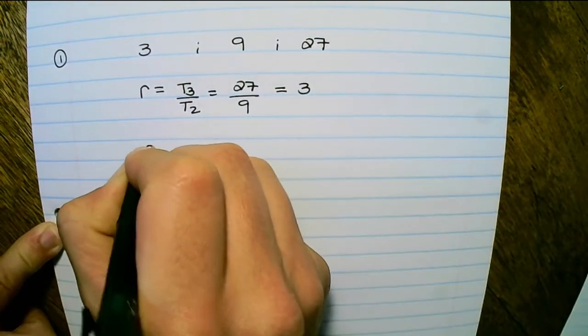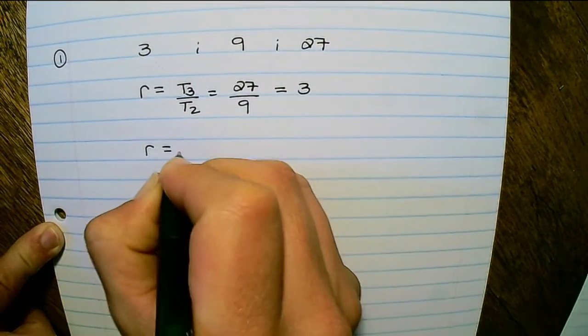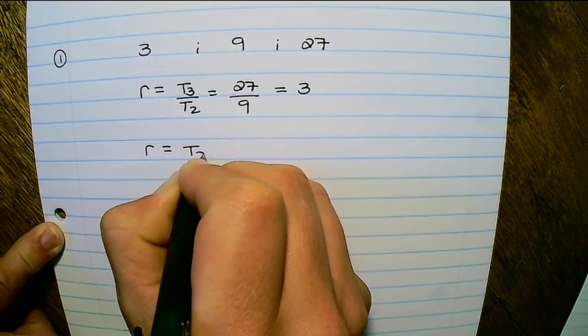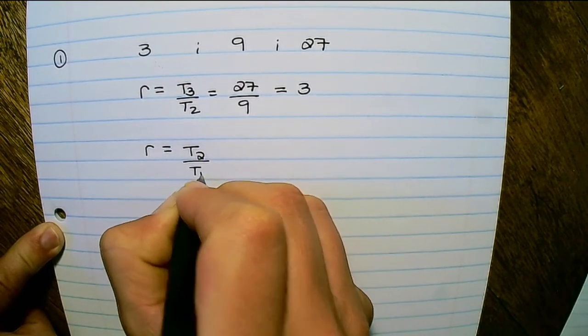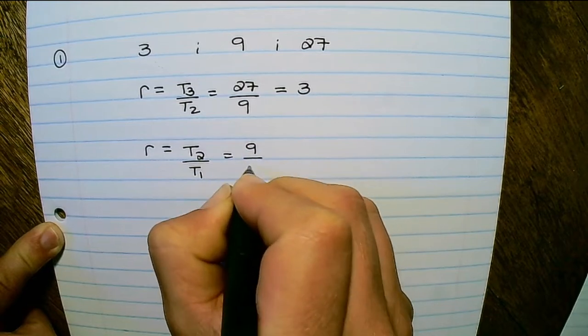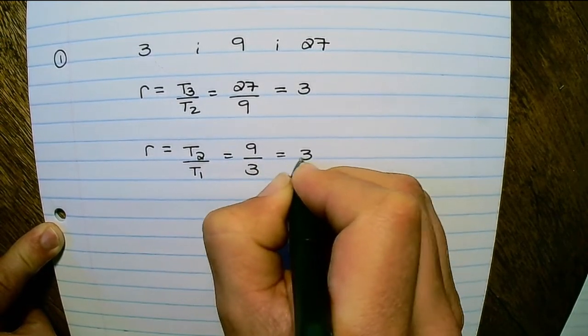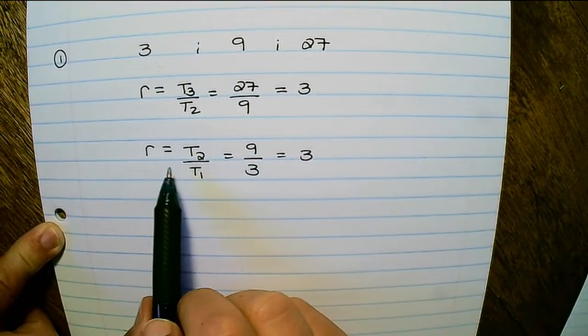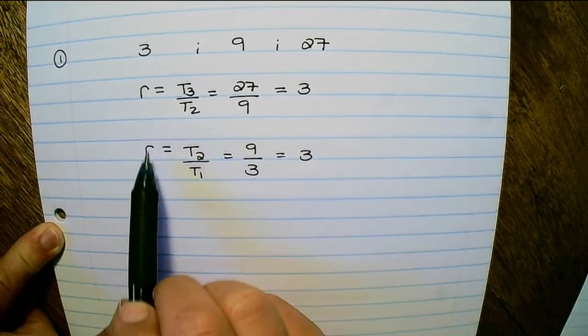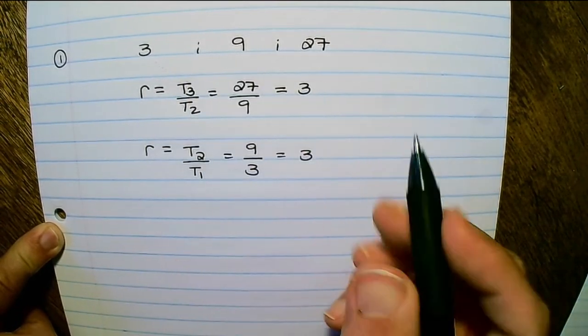And we can confirm whether or not that is a correct ratio. So we say term 2 divided by term 1, which is 9 divided by 3, which is also 3. So now we have established that it has a constant ratio between terms.